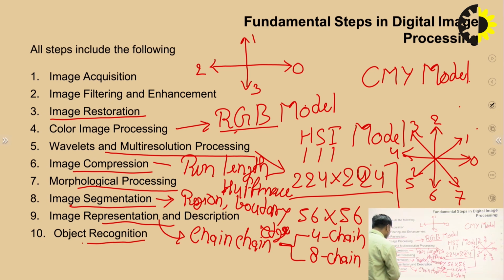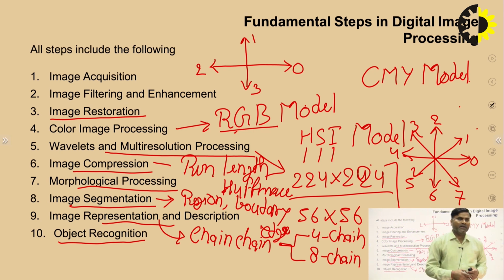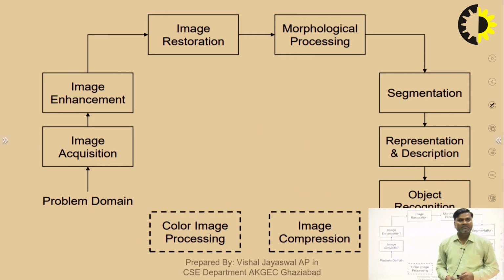For object recognition, if we want to recognize a particular object, then we have to classify the image for the recognition. These are the key factors in digital image processing that we already discussed.